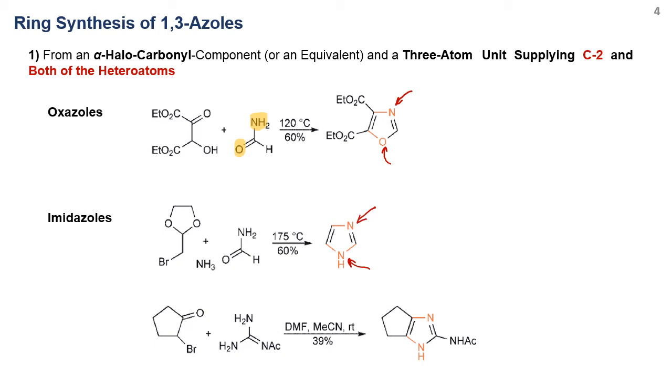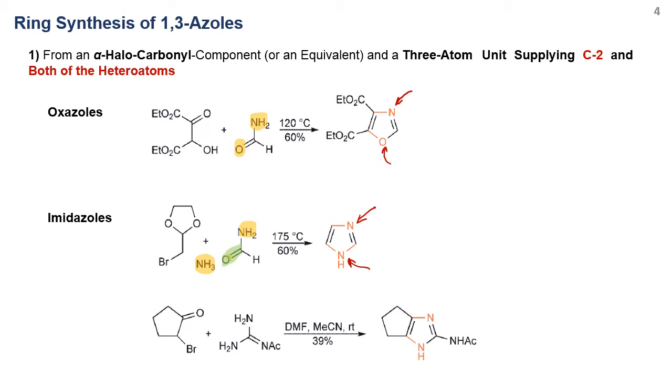You can start from amide as well, but in this case, instead of using oxygen as a nucleophile, you can add another heteroatom source in the form of ammonia, which will condense with the carbonyl group to provide the second nitrogen in the ring system.